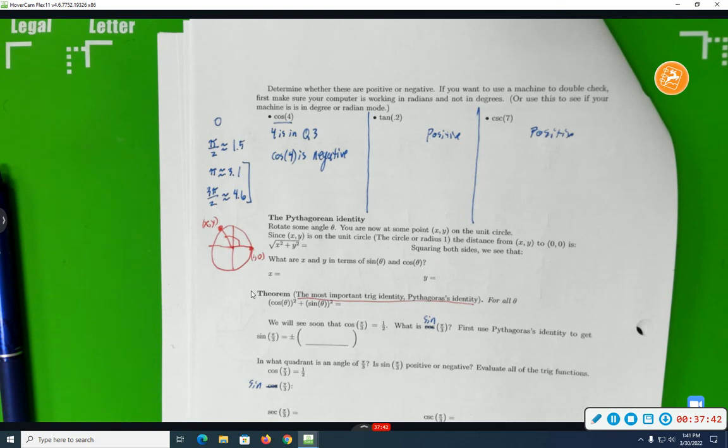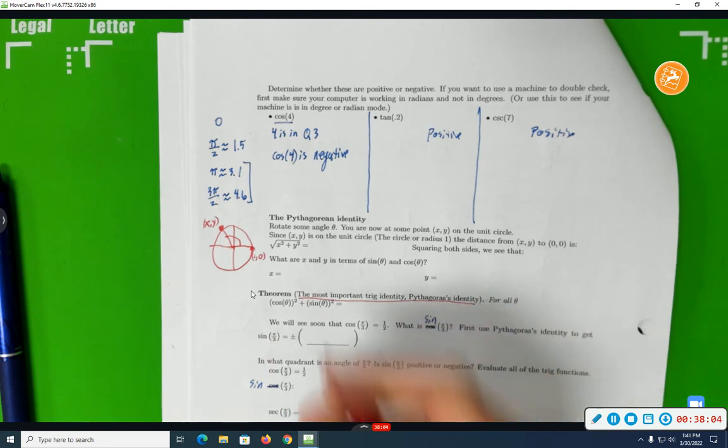It's got to be 1. But we can also compute the length of that line segment by the distance formula. So the difference between the x-coordinates squared is x squared, the difference between the y-coordinates squared is y squared. x squared plus y squared is 1, because this is a point on the unit circle.